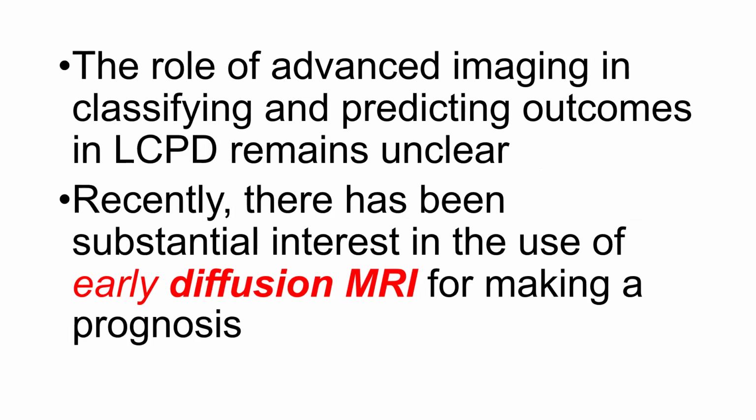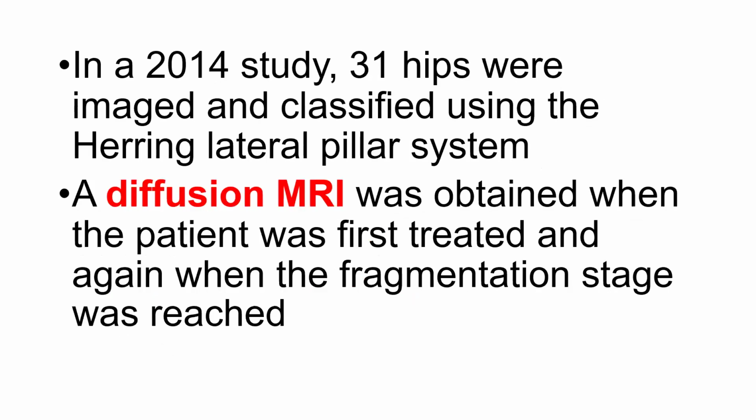Recently, there has been substantial interest in the use of early diffusion MRI for making a prognosis. In a 2014 study, 31 hips were imaged and classified using the Herring lateral pillar system. A diffusion MRI was obtained when the patient was first treated and again when the fragmentation stage was reached.